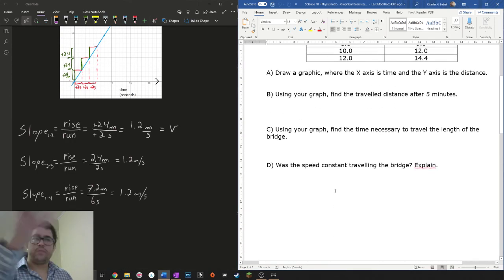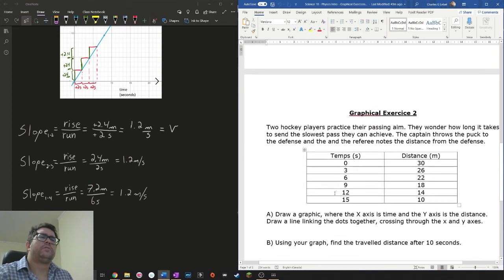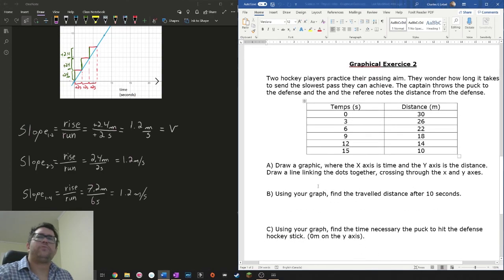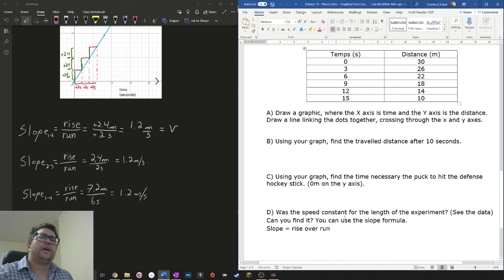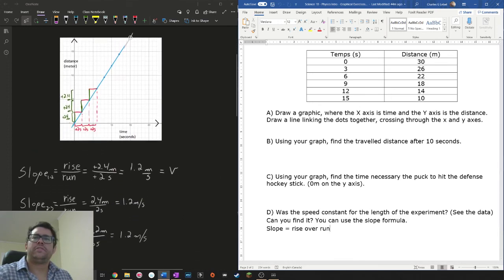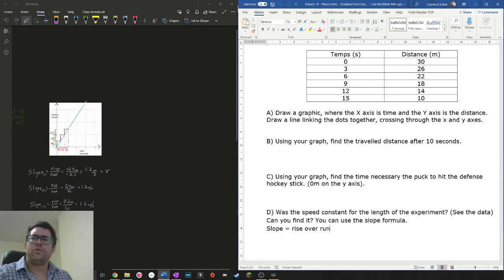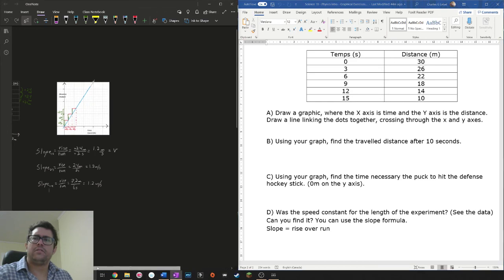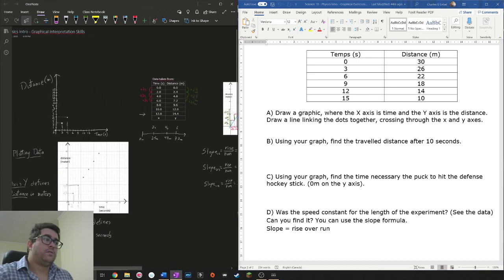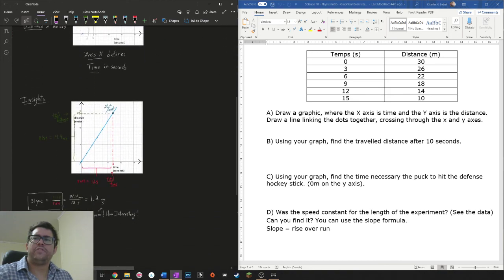Okay, so the first example will look a lot like this. The second example, you'll have to draw your own graph again, answer some questions, and then actually calculate the slope for that one. So I hope this lesson helped in understanding all of this simple mathematics. It's a long video, I know.